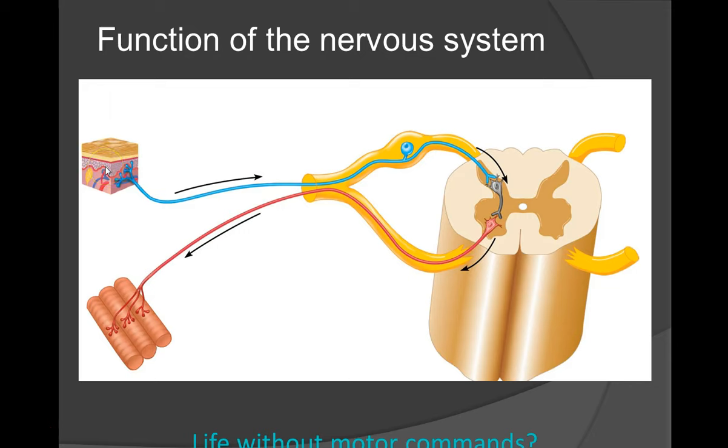Now, this is where the nervous system comes in. There's a thing called a receptor that picks up that sensation and says, wow, a mosquito just pierced my skin. I think I feel pain.